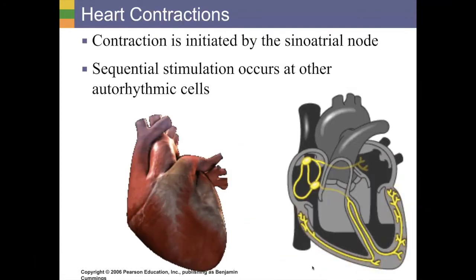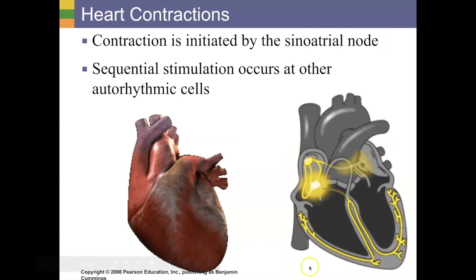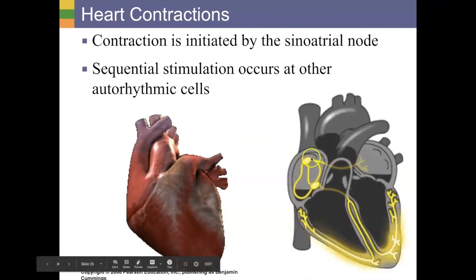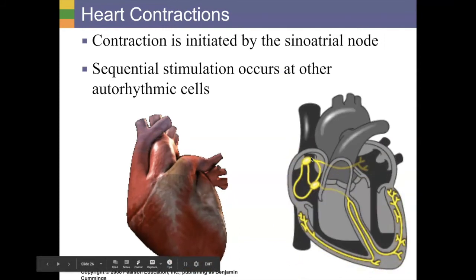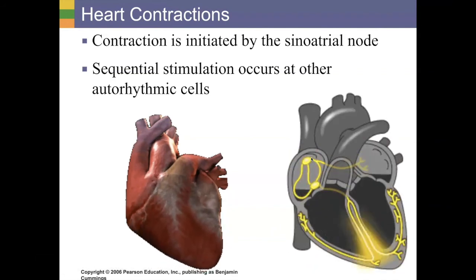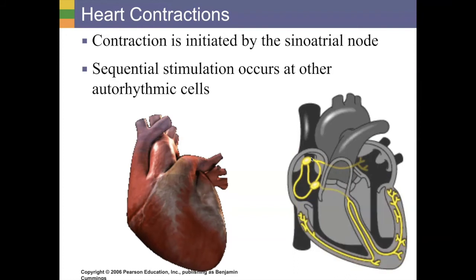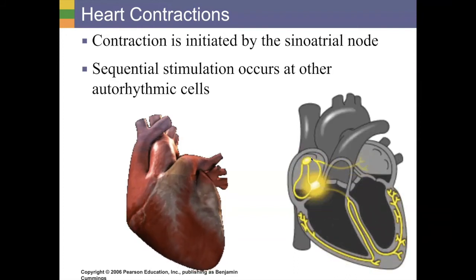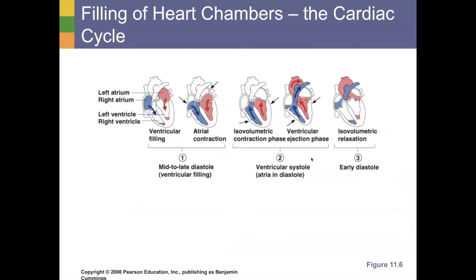And again, as stated earlier, the reason it's called the pacemaker is because it's the sinoatrial node that initiates the whole contraction sequence of the heart, this autorhythmic cycle, if you will. And so the way in which this happens is what we call the cardiac cycle.